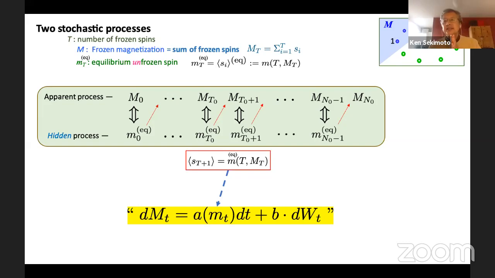Left means unfrozen, you mean? Exactly, yes. So if we say big M is the position of a particle, this will be a particle that has a drift, and the drift has memory. In our case, yes. So it is somehow a model of an active particle, no?